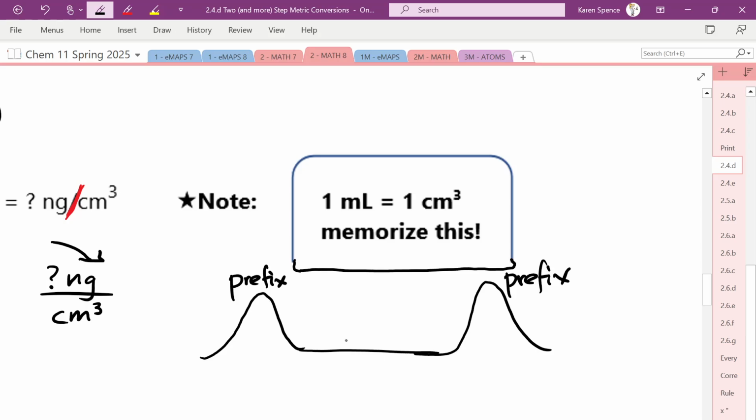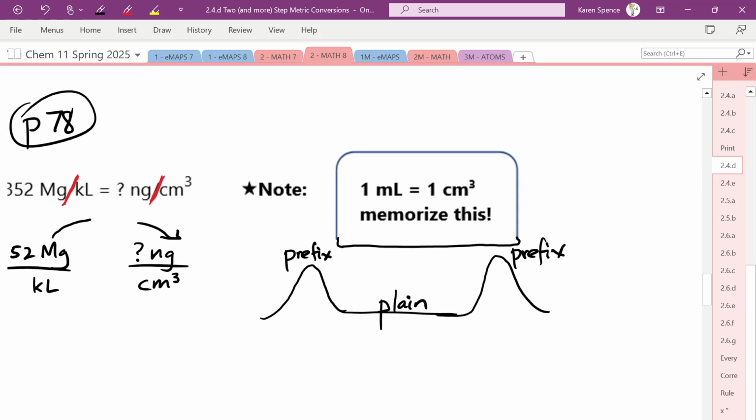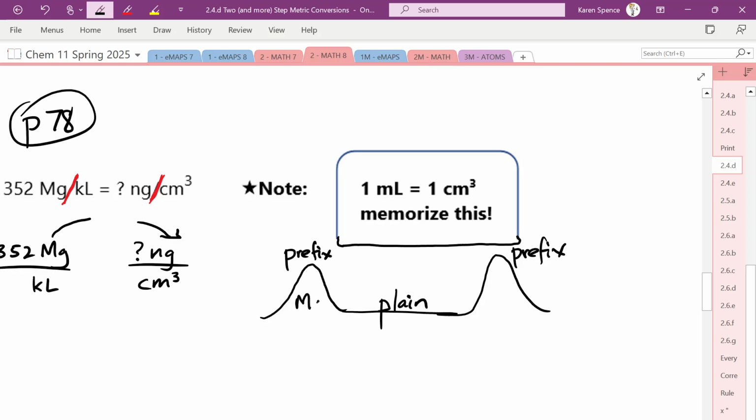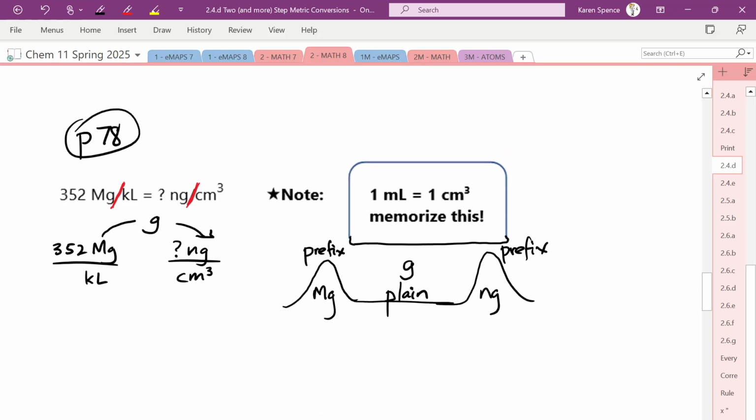We have to go through the plain unit. Okay, so in this case, we would be going from megagrams, which is the prefix unit, to plain unit. Plain unit would be the gram, and the prefix unit would be the nanograms. So we're going to go from megagrams to grams to nanograms.